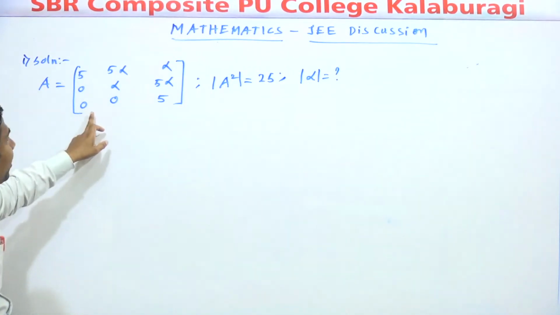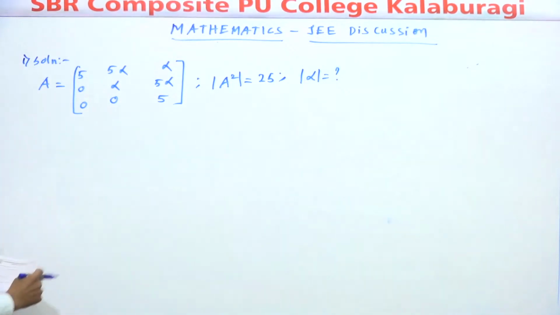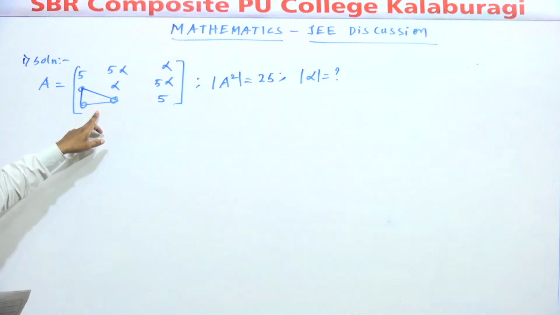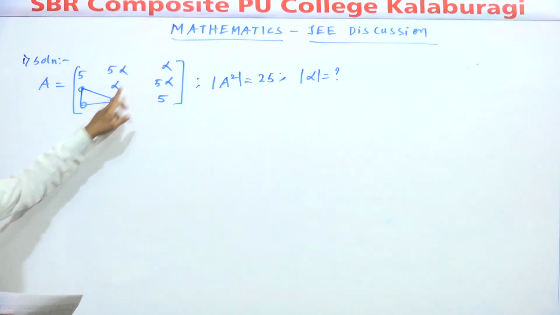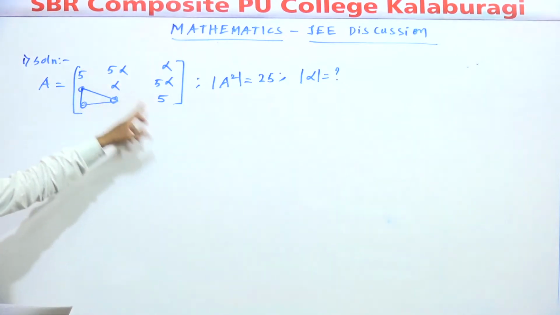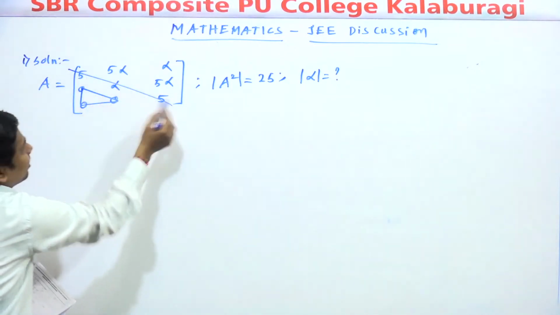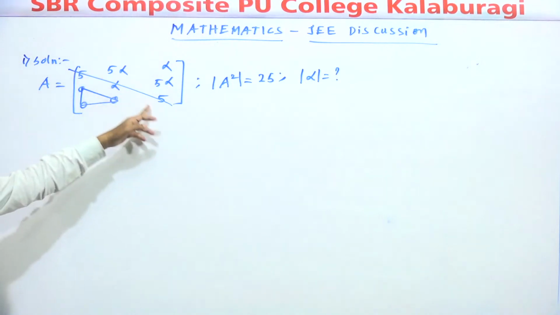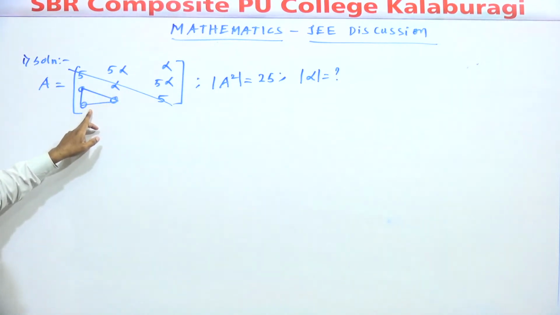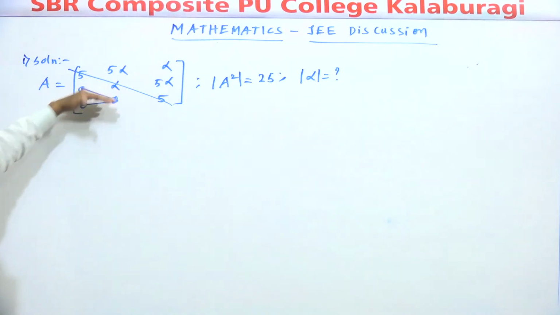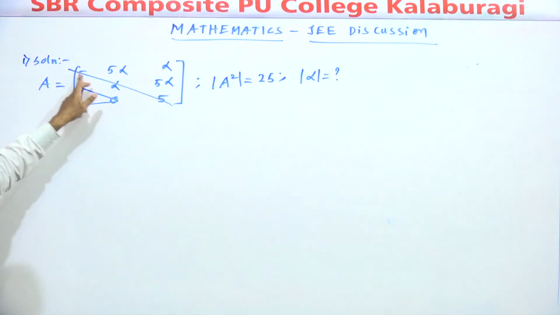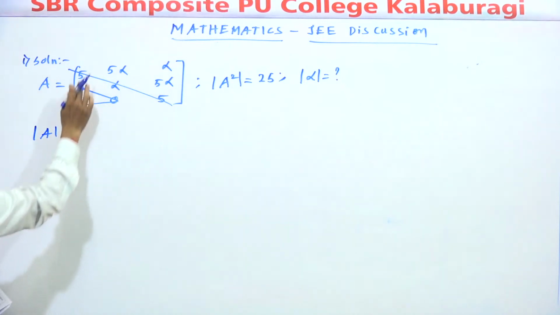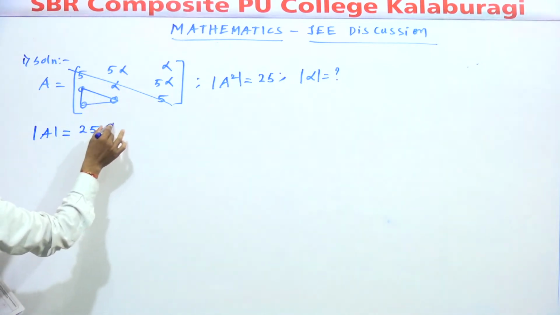Right? It is not a determinant, it is a modulus, which means a positive value for alpha. So if I take the determinant of A, we know that it is an upper triangular matrix. If it is an upper triangular matrix or lower triangular matrix, or else a diagonal matrix, the determinant is equal to the product of the diagonals. Since the elements below the diagonal are 0, the determinant of A is equal to 5 pi is 25 alpha, right?